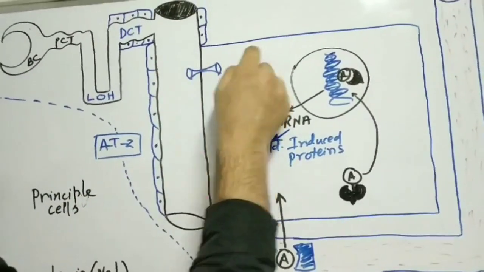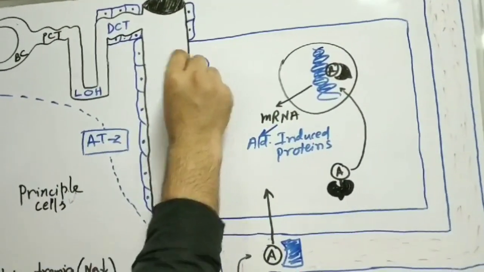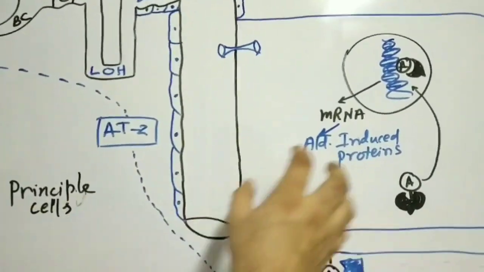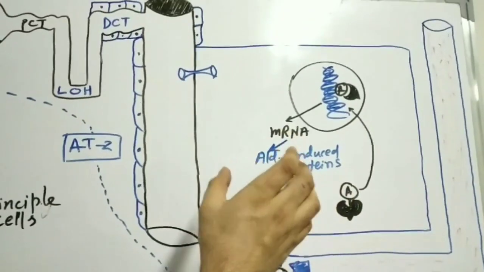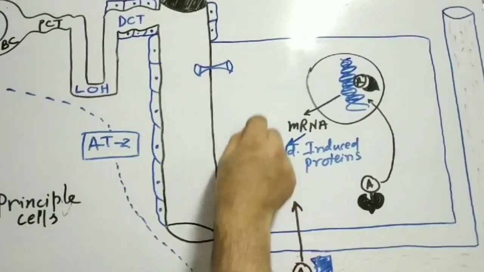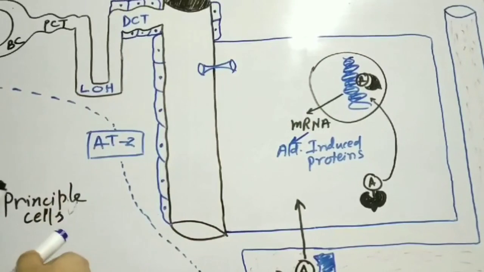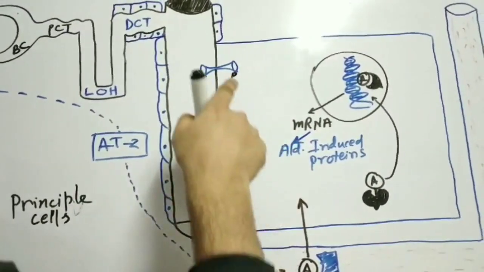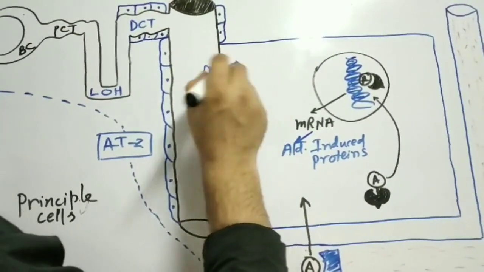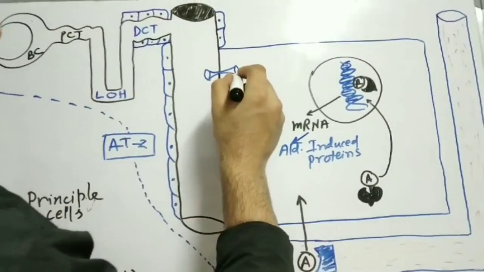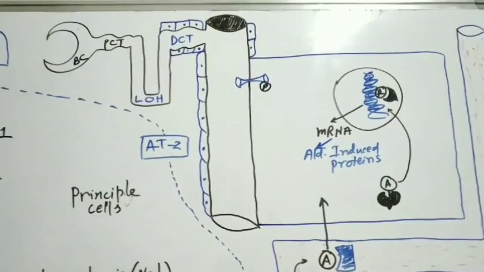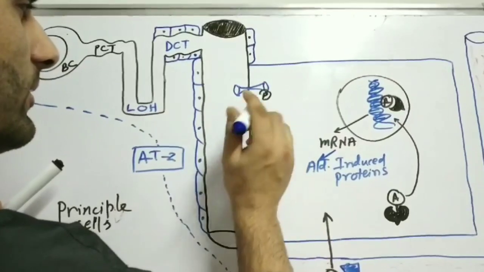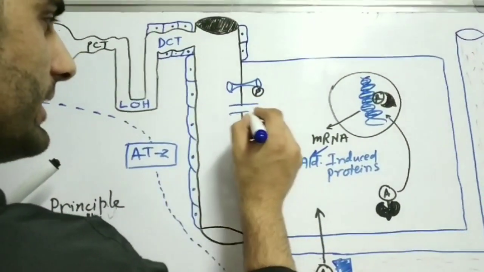Through this channel nothing can pass because it is a closed channel. Now look here at what the aldosterone induced protein is going to do. Some proteins go here and bind to and phosphorylate these channels. These channels are actually protein molecules. When these channels get phosphorylated, they get activated.